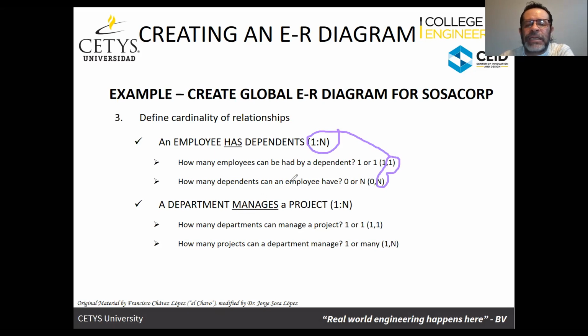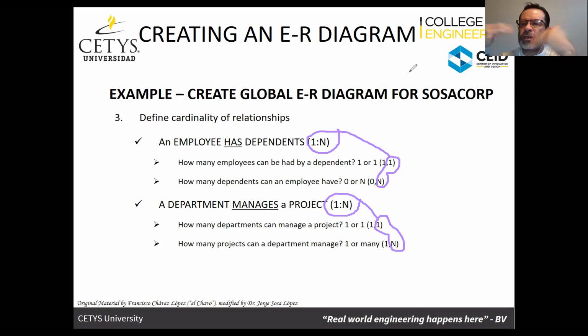A department manages a project. How many departments can manage a project? 1 or 1. How many projects can a department manage? 1 or many. From the maximums, we can define the relationship. So this is a more systematic way of doing it.